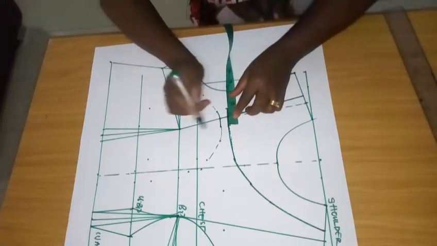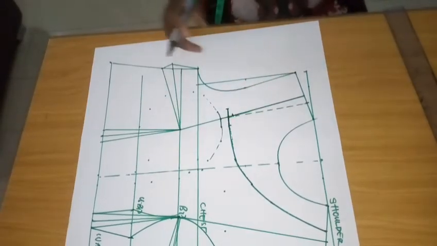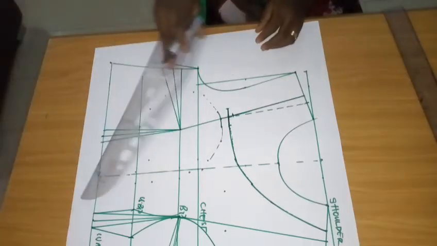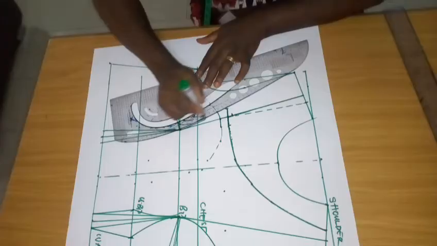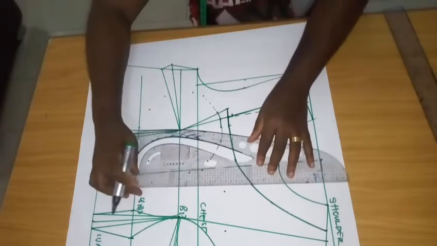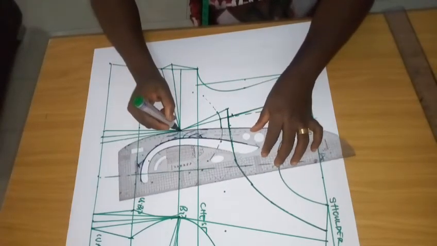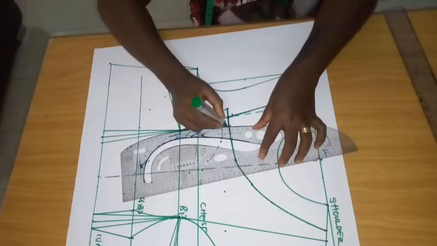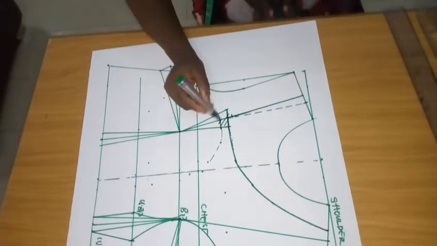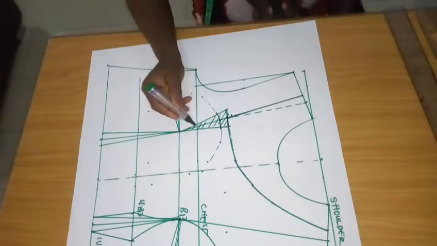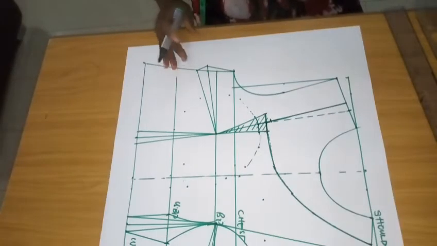Then I'm going to place my pattern ruler like this to the bust point, and I'll place my pattern ruler like this to the bust point as well. Can you see? So all of this is the dart, upper bust dart, which I'm going to cut out.